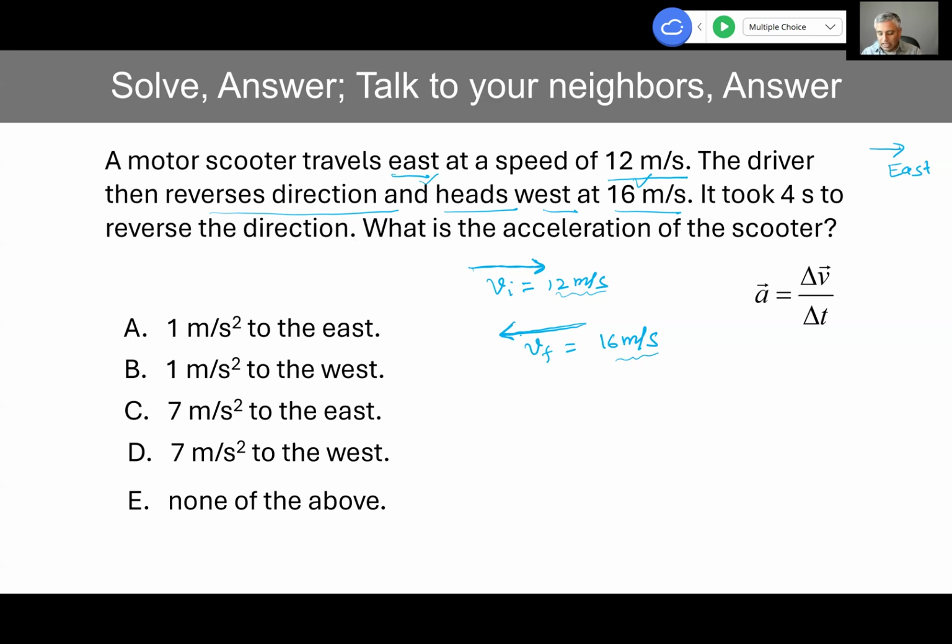Now I did that. You need to find the acceleration, which is the change in velocity, and we just learned how to draw a change in velocity vector, right? So go ahead, draw it. Since you know the length of this one and that one, you should be able to find the length of delta V, and use that and the time interval to compute the acceleration.